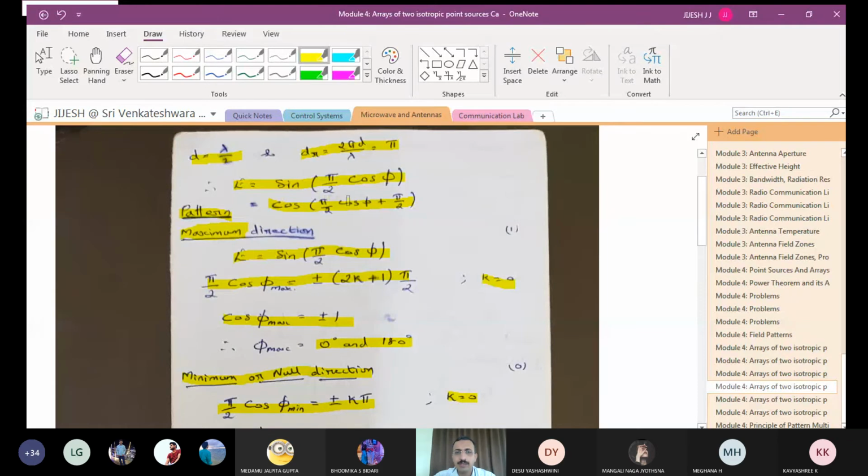I have just substituted delta as 180 degree, opposite phase, so I got the equation cos of pi by 2 cos phi plus pi by 2.